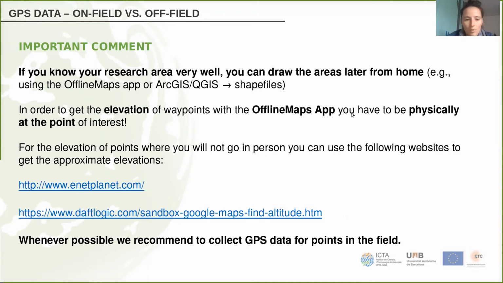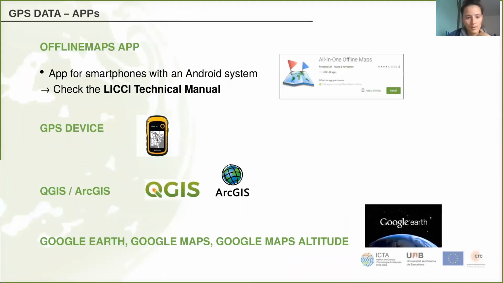For example, with Google Maps, you can always get the coordinates. Then there are 2 web pages here where you can get the elevation. I assume that not everybody has a GPS device, so I will show you some examples of what you can use.